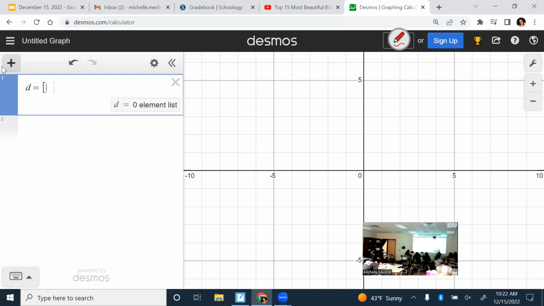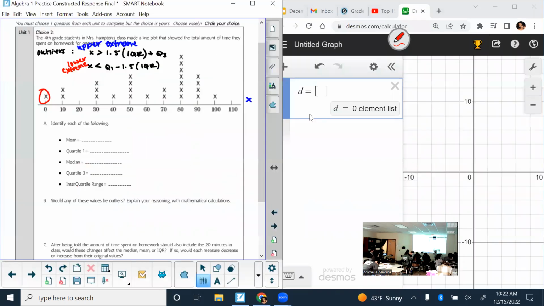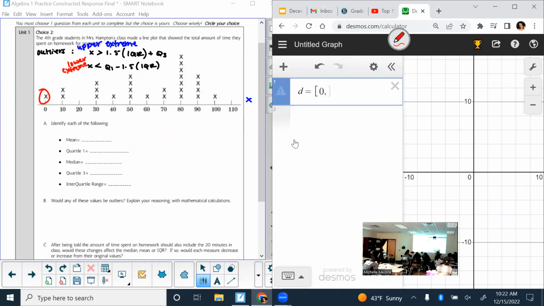Name it, I use D for data, equals, bracket, and then you just type in your numbers. So if I was doing this problem from a dot plot, I would type in 0, comma 10, comma 10, comma 30, comma 30, and I would keep going. I would just end there though for calculating standard deviation.